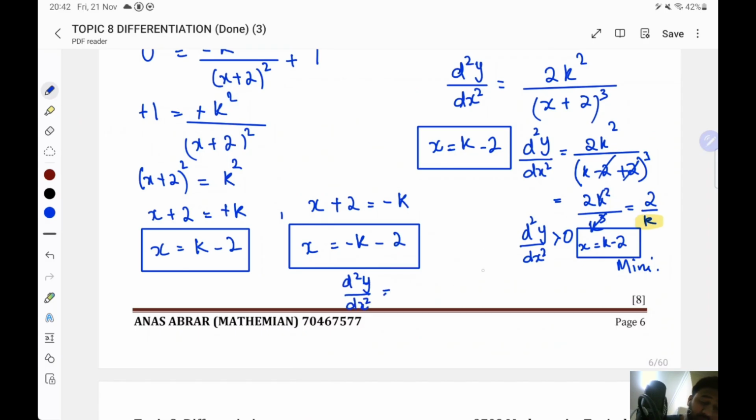So it is going to be 2k square divided by bracket negative k minus 2 plus 2 whole cube, which is 2k square divided by negative k cube. If you simplify, it will be 2 divided by negative k. Since we are dividing a positive number by a negative number, this is going to be a maximum value.